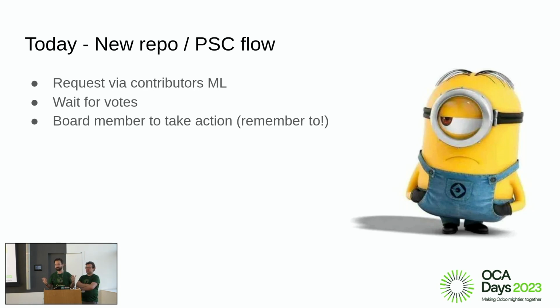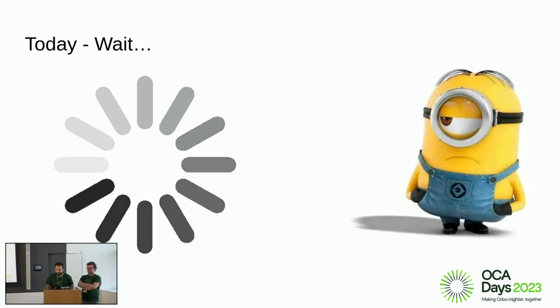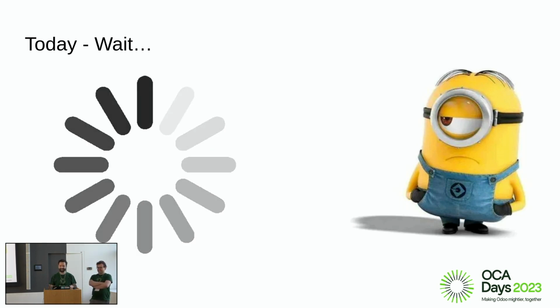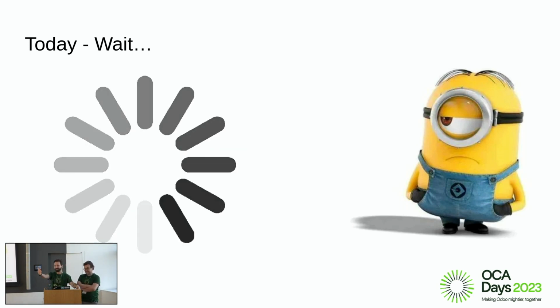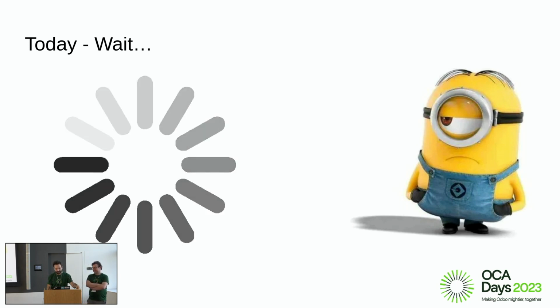Sometimes I see 2 votes. Okay, not enough, I'm going to get back tomorrow. Maybe for whatever reason I forget, or time passes by, I don't have time. Maybe 1 week later, 2 weeks later, we take action. So that's what happens, right? This is the experience on the other side.